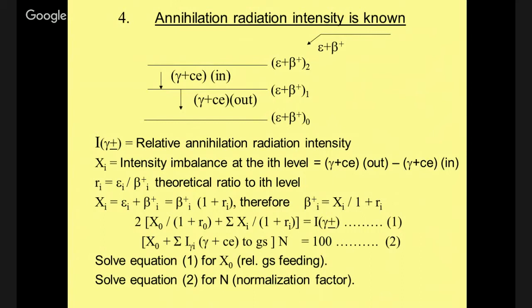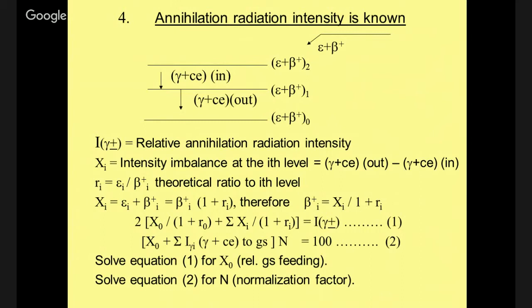Because for each beta plus, you have two 511s that go like this. So 2 times the ground state feeding with 1 plus R0, plus the summation of all the other feedings times R divided by 1 plus Ri should be equal to the annihilation radiation photon intensity.